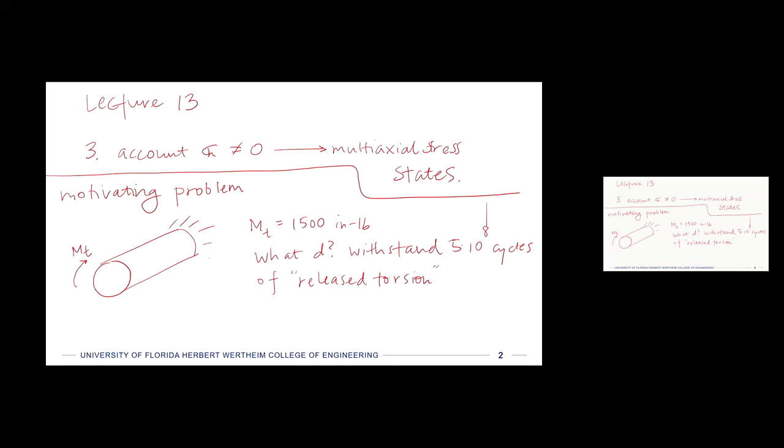Okay. So this is not actually a fully reversing torsion. It's a released torsion. So it's applied in one direction, and then it's released back to 0. And then it's applied in one direction, the same, and released back to 0.